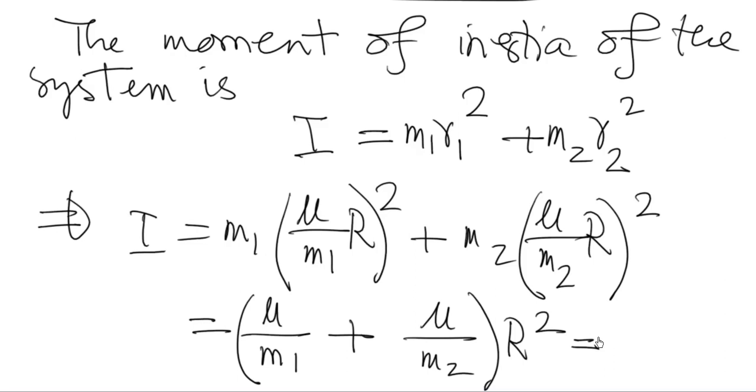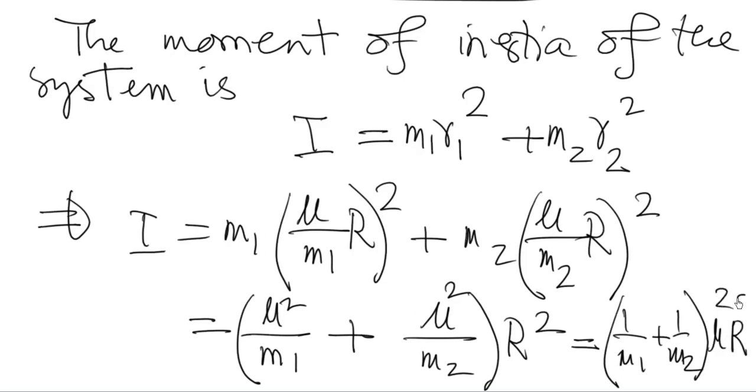Actually this is mu square, I'm sorry. So we take common 1 by M1 plus 1 by M2, and this is mu square R square.